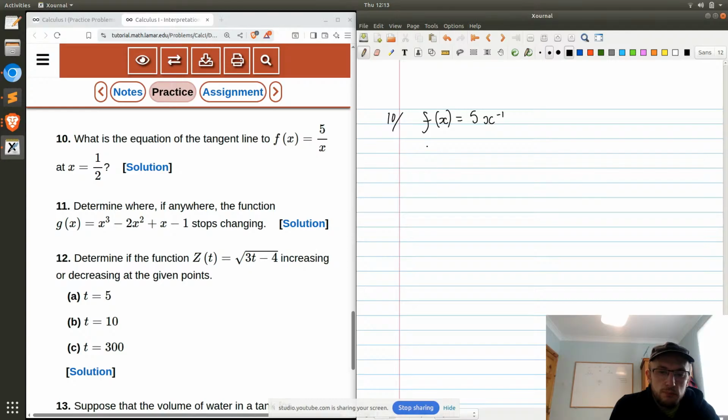So f prime of x is negative 5x to the negative 2, or if you like, negative 5 over x squared. And f prime of a half, well, let's see. We would have to square a half, which is a quarter. And what's 5 divided by a quarter? That's 20. So this would be negative 20.